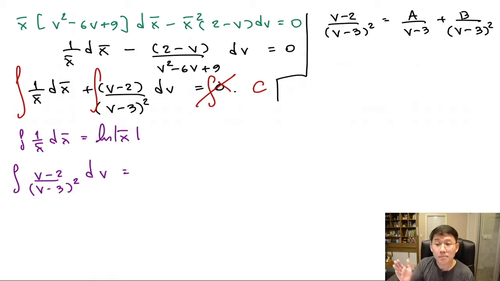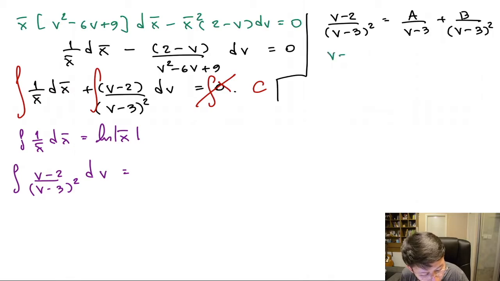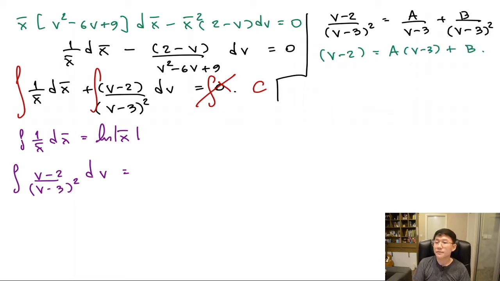So if I multiply the whole equation by v minus 3 squared, what I have here is v minus 2 equals a times v minus 3 plus b, right?